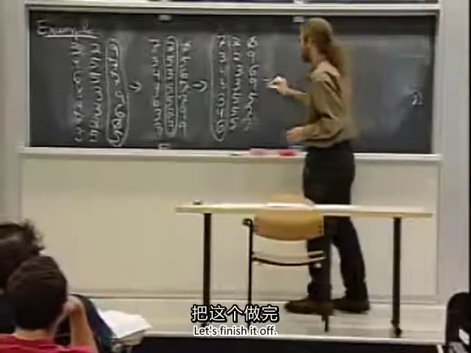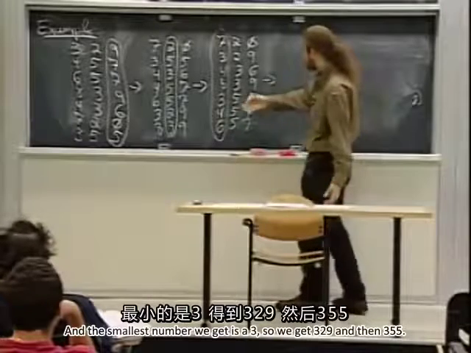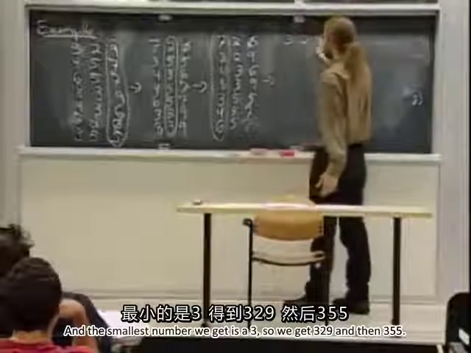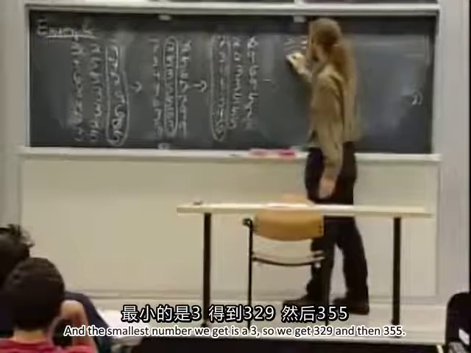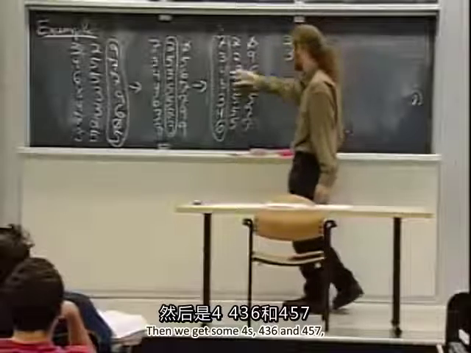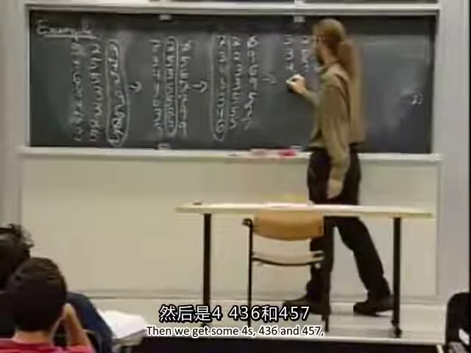And let's finish it off. So we stably sort by the first digit, and the smallest number we get is a 3. So we get 329, and then 355. Then we get some 4s. We get 436 and 457.